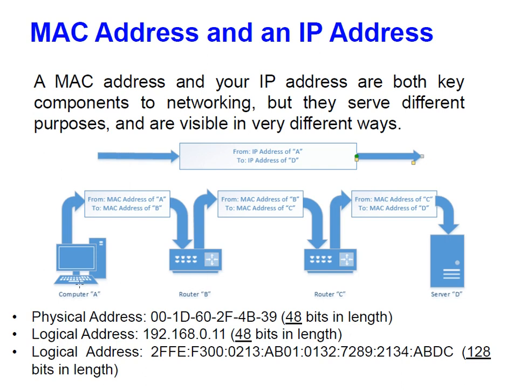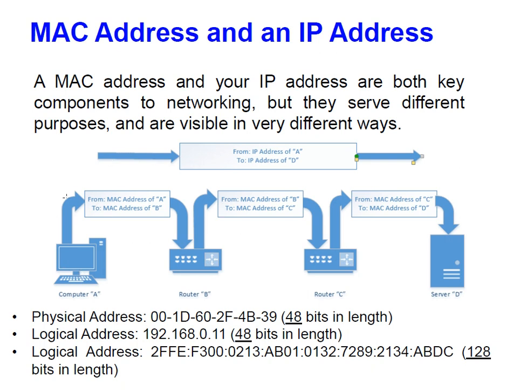So you communicate based on where you want to go. That means you use an IP address from IP address A to IP address D. But when you mention that, the packet goes from device to device.